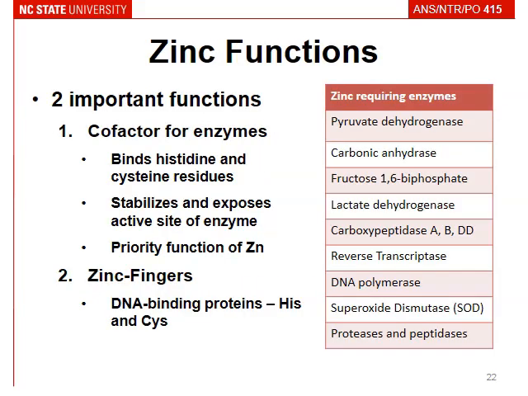So the two important functions of zinc, primarily, number one, it is a cofactor for these enzymes. And so it is binding the histidine and cysteine residues within these enzymes. And typically the zinc is doing this at the active site. So this is where it is stabilizing and exposing the active site of the enzyme, allowing the reaction to occur.